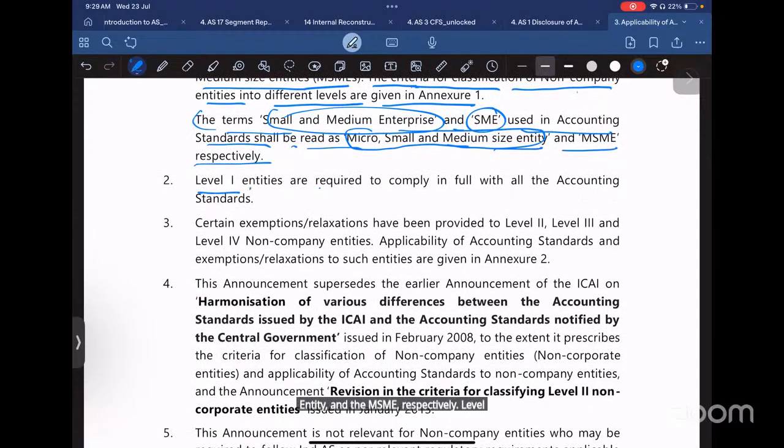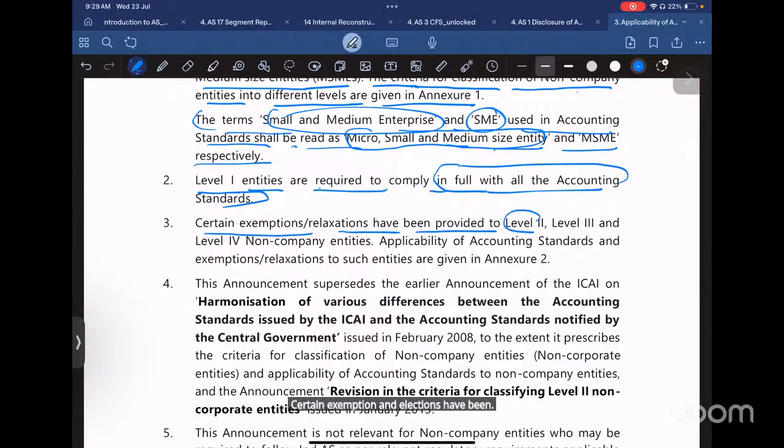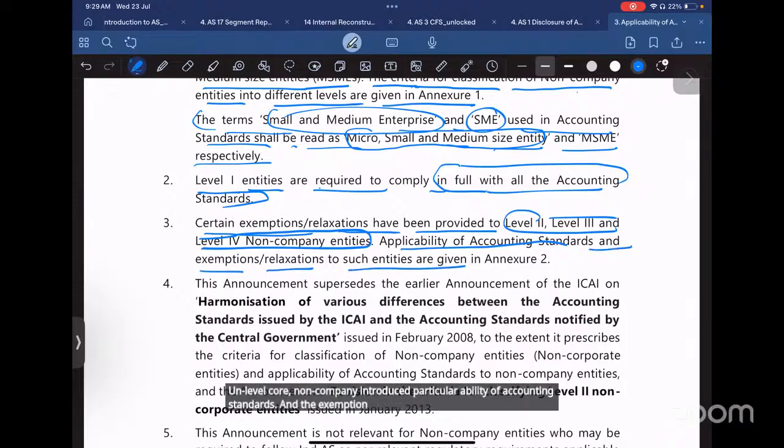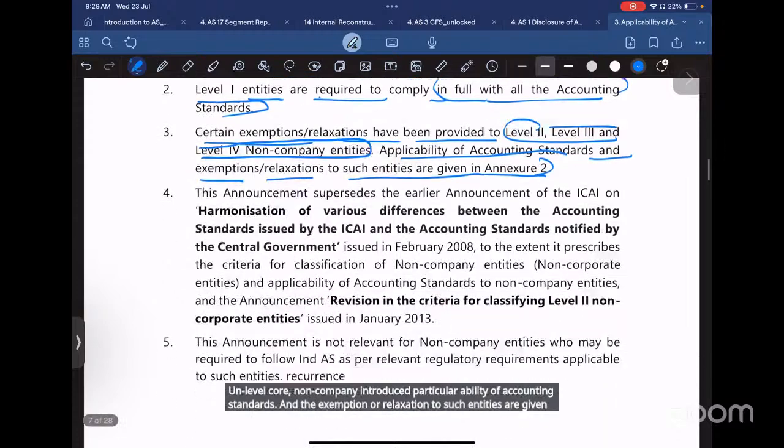Level 1 entities are required to comply in full with all accounting standards. Certain exemptions and relaxations have been provided to Level 2, Level 3, and Level 4 non-company entities. Applicability of accounting standards and the exemptions or relaxations to such entities are given in Annexure 2.